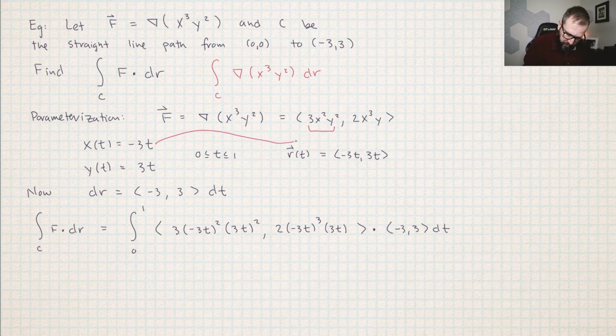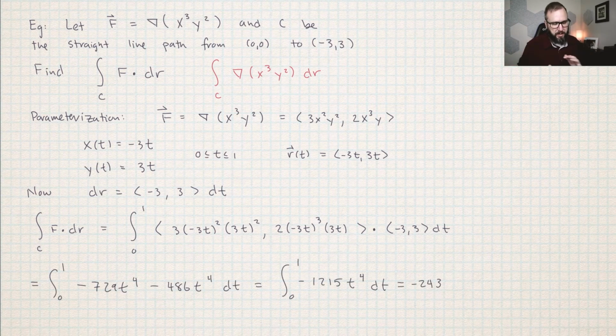I'm literally just taking that formula for x and plugging it in for x, and taking that formula for y and plugging it in for y, and that's what I got right here. And then it says f dot dr, so now I'm just doing a dot product with dr. So I'm going to expand this dot product out, and it's going to give me an integral with a bunch of t's in it, and then I can crank out that answer.